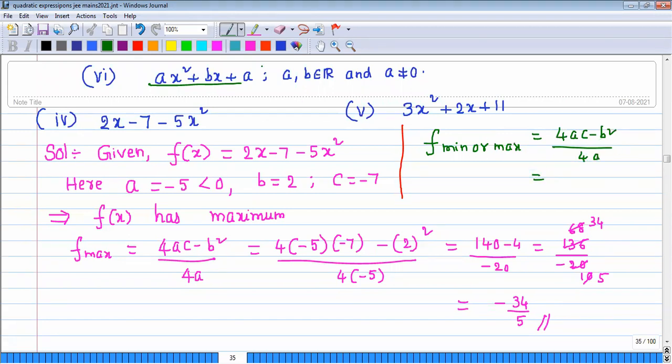With c equal to a, it is 4a square minus b square by 4a. That's the answer. But if a is greater than 0 is given, then we say it's minimum. When a is less than 0, we say the same value becomes maximum. That's all.